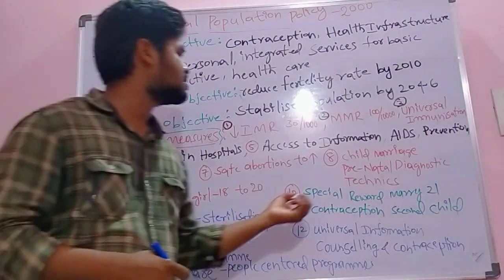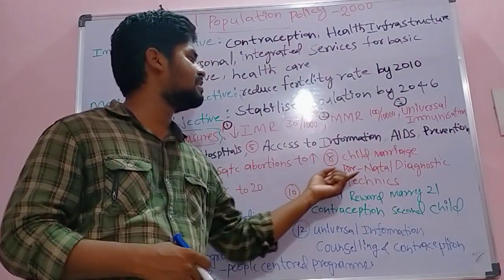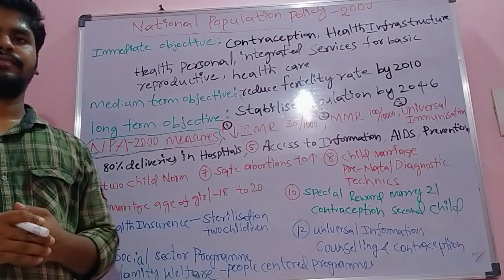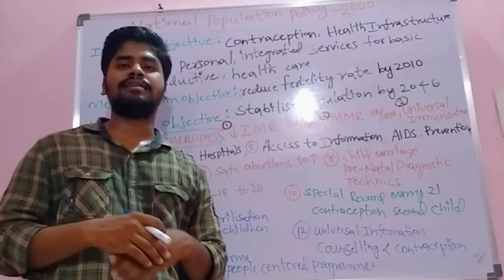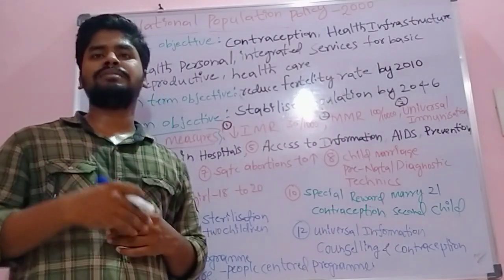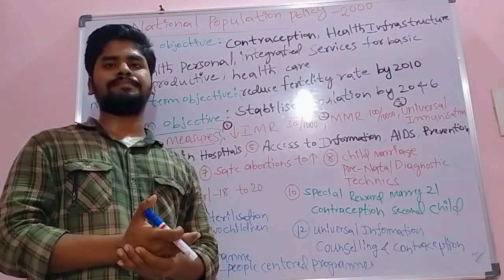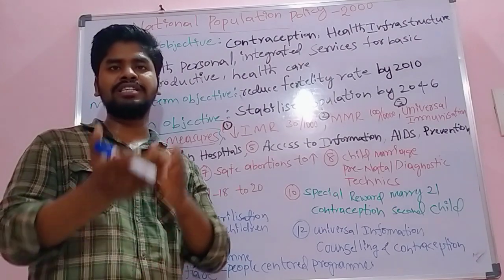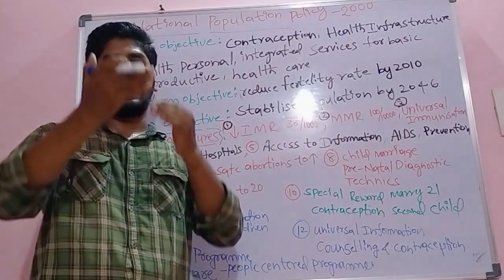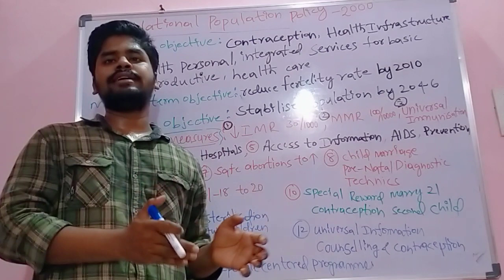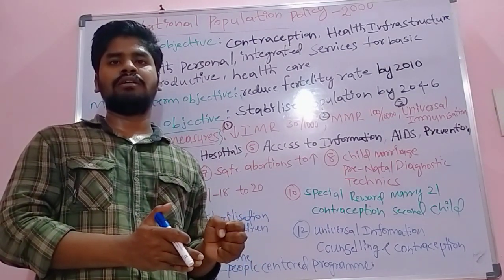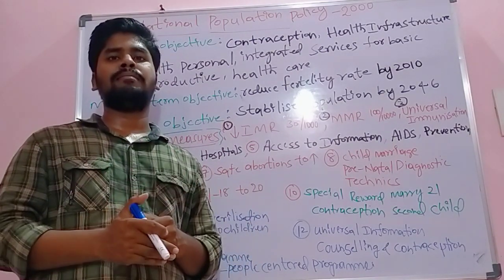And next, child marriage and prenatal diagnostic techniques. Right. So what is child marriage? Child marriage means below age 18. A girl below 18 years old should not marry.